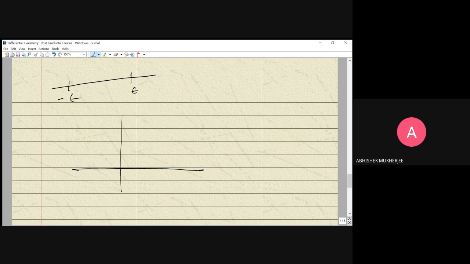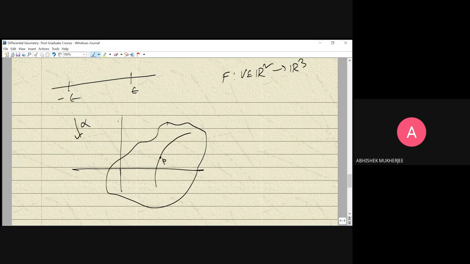Suppose you are considering a map F from V, a subset of R2, to R3. Okay. Then what is the schematic diagram? This is V, and the curve alpha looks like this way. This is P. So this is your W, right?